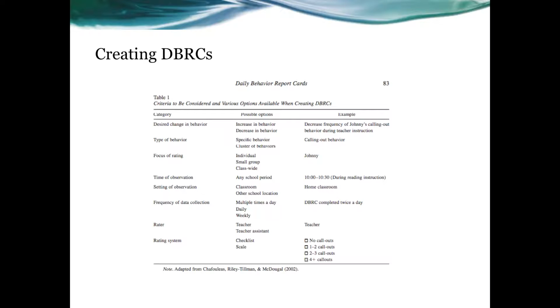And then the type of behavior, is it specific or a cluster? And then the focus of rating, is it individual, small group, class-wide? And then you just go on down through the list of criteria to decide what your options are and what's available to you when creating it.